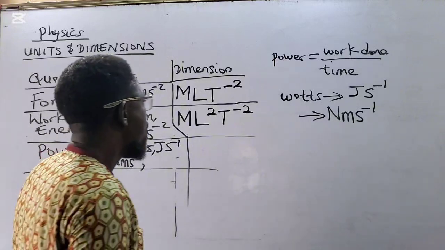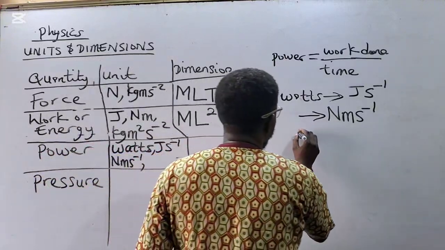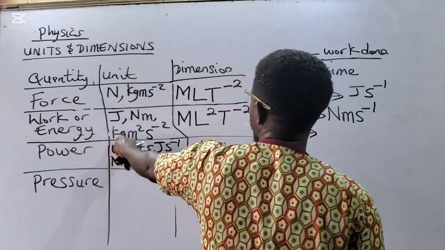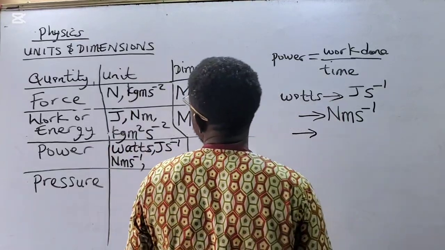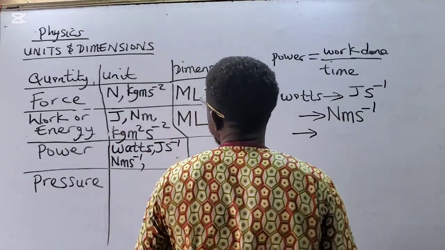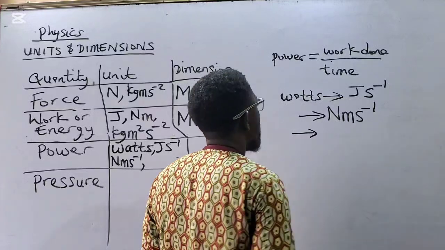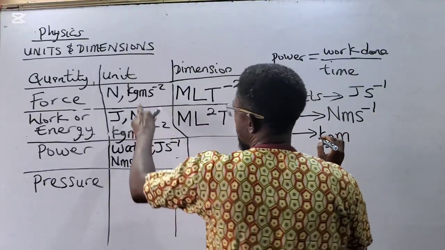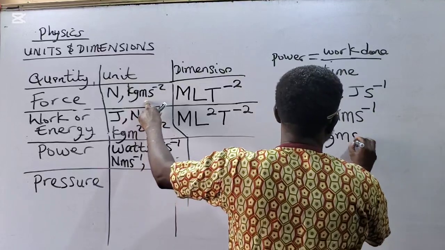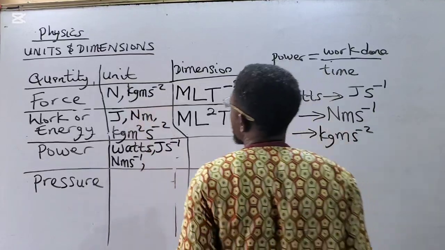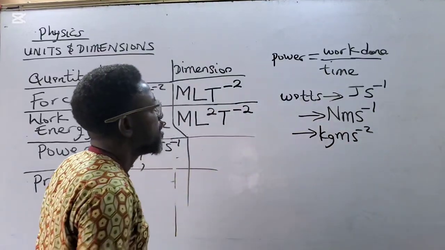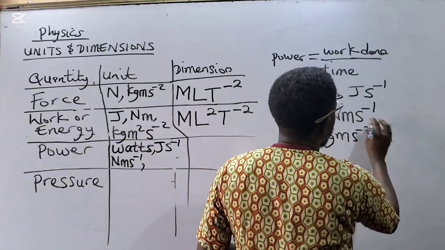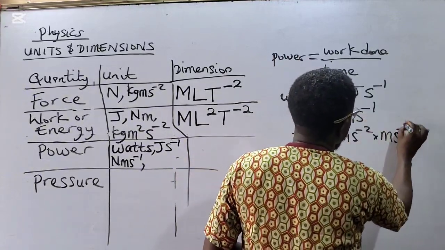So now we proceed. From what we did for work, the Newton is the same thing as what? Kilogram meter per second squared. Then we have this meter here, times meter, then this per second.